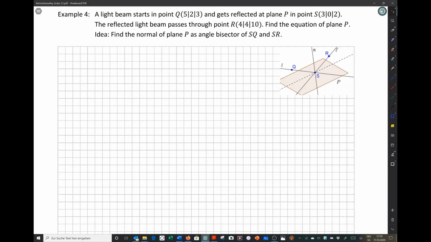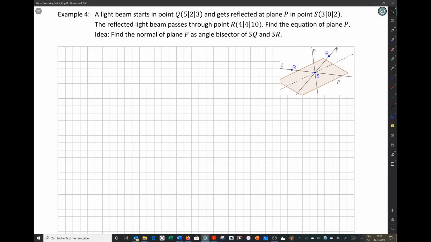In example 4, we have again a light beam that gets reflected at a plane. We are given a point Q on the original light beam, a point R on the reflected light beam, and a point S where the light beam gets reflected. And the task consists in finding the equation of the reflection plane P. The idea how to find this plane is the following.